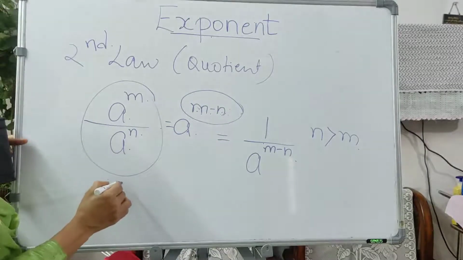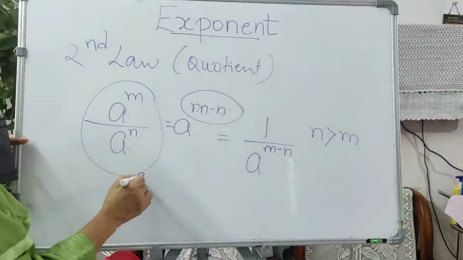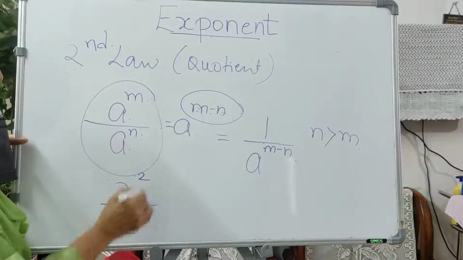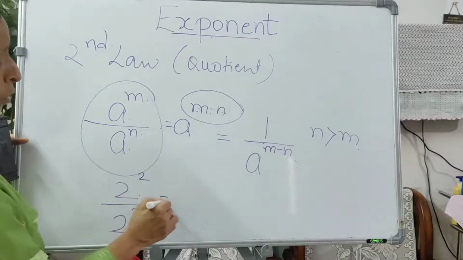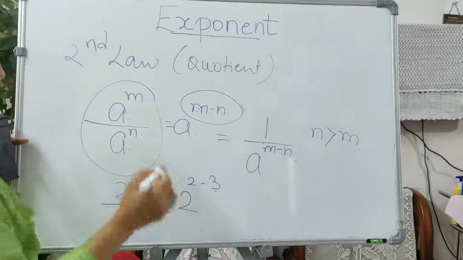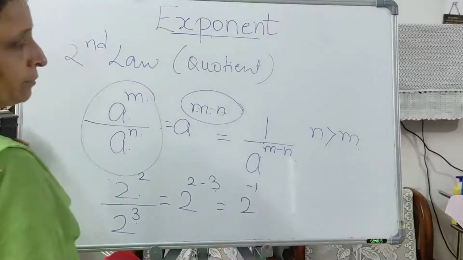Now let us take some numerals. Here the upper one is smaller, take 2, and the lower one is bigger. So what you get is 2 minus 3, which is 2 raised to minus 1.